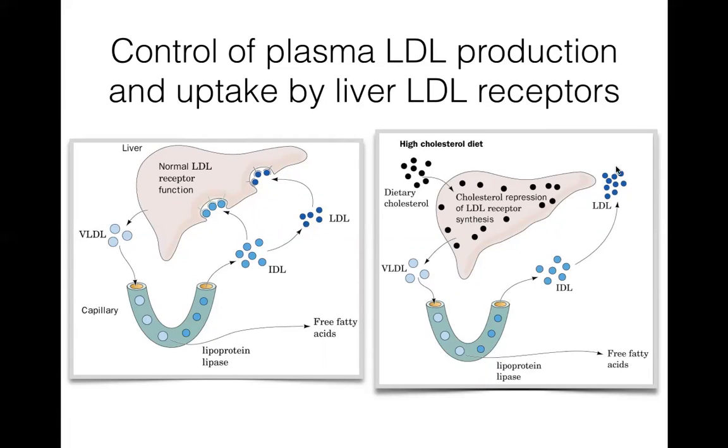So this causes now an elevation in circulating LDL, which unfortunately will deposit its cholesterol to peripheral tissues, such as the ones that we have mentioned, including the macrophages found in artery wall. This now initiates the formation of atherosclerosis.